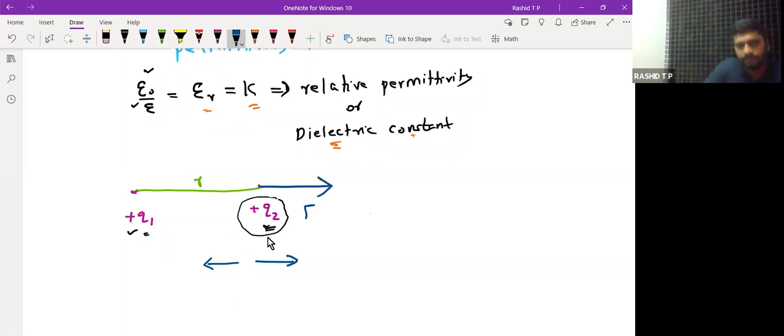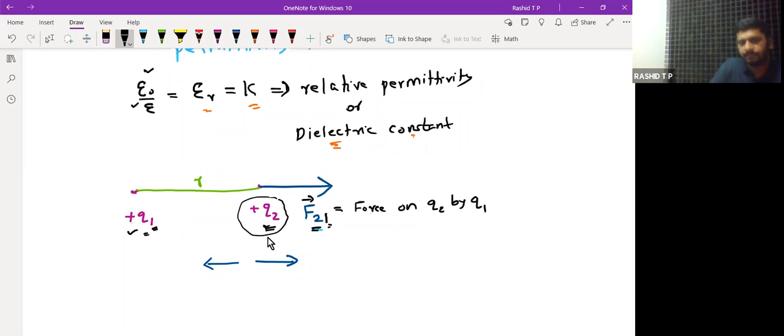If I write that vector quantity, first I write F2. That is the force experienced by charge 2. Who is exerting this force? The force is exerted by charge 1. Meaning, force on Q2 by Q1. The first letter represents which charge experiences the force.